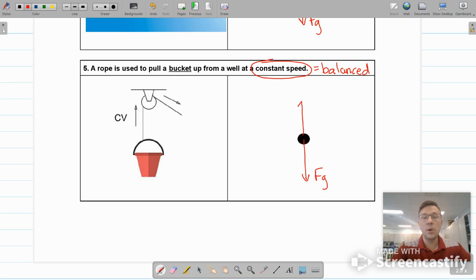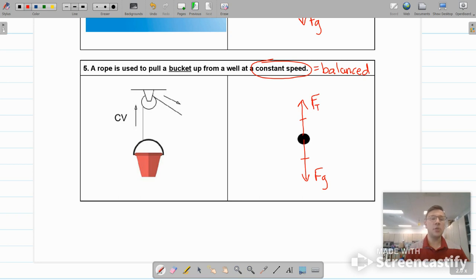So I will have another upward force. These will be balanced. However, this one is unlike our previous examples where the normal force balances out the weight of the objects. In this case, the tension in the rope is what's actually supporting the weight of the bucket here. So this will be labeled F subscript T.